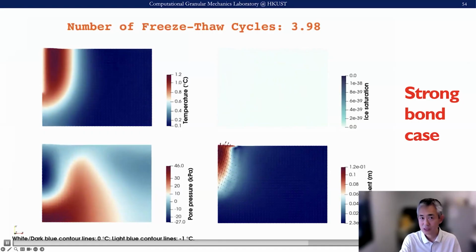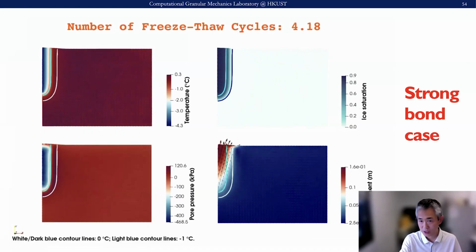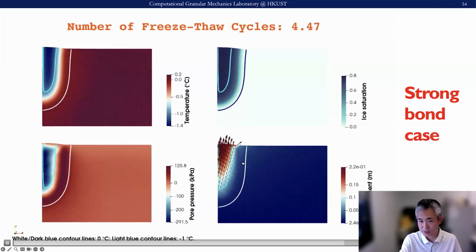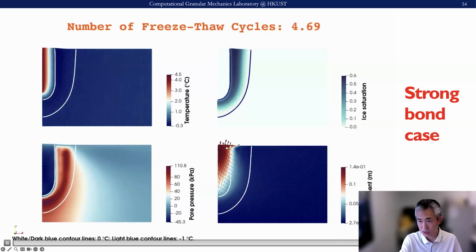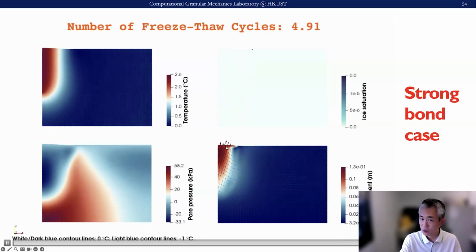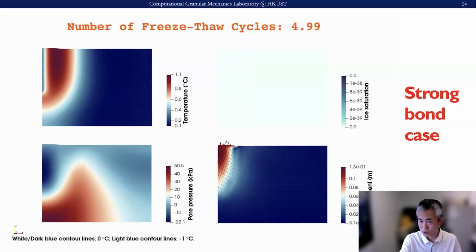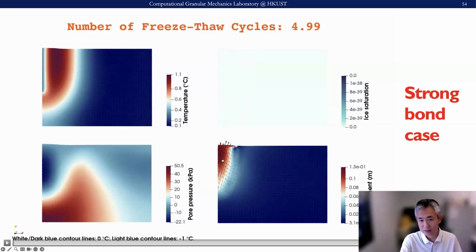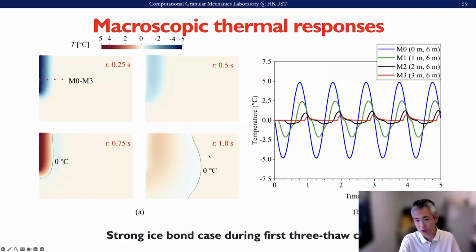You can see that during typical freeze-thaw cycles, five cycles will generate permanent deformation, because when you have a thawing process, it generates a pore pressure change and also volumetric change, and that generates a permanent deformation, as we see from here.